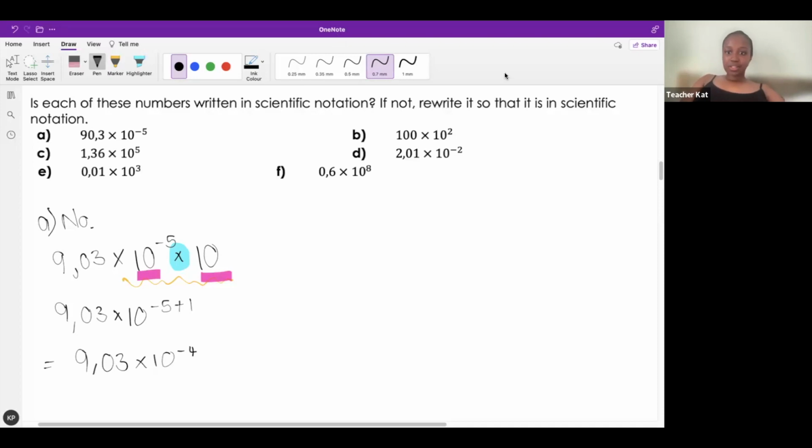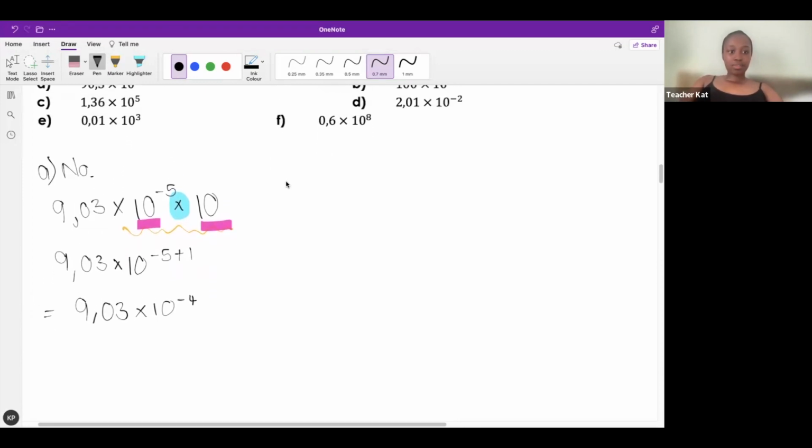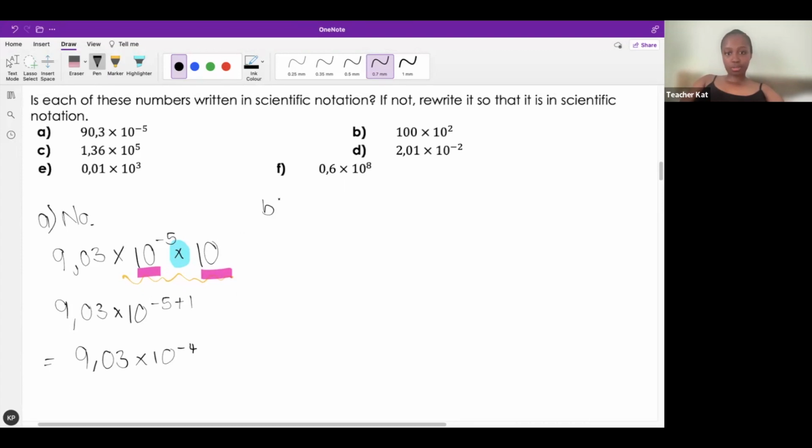Okay, let's do the next one. Is B in scientific notation? No. Where do we want our comma? We want it after the 1. So I'm going to write B here. We want 1. We don't have to write comma 0, 0, okay? Now I already have a 10 to the power of 2 times 10. Did we move our comma left or right? From 100 to 1.